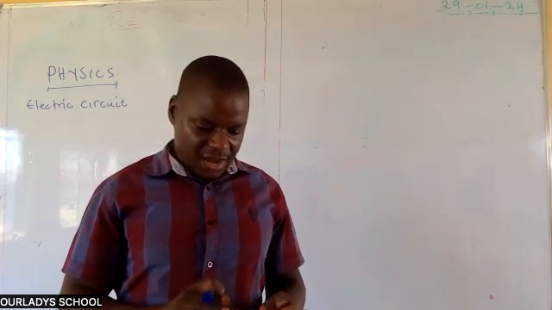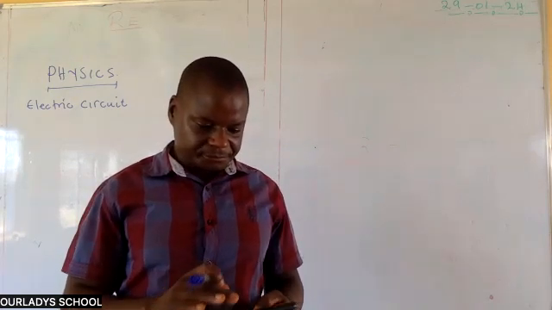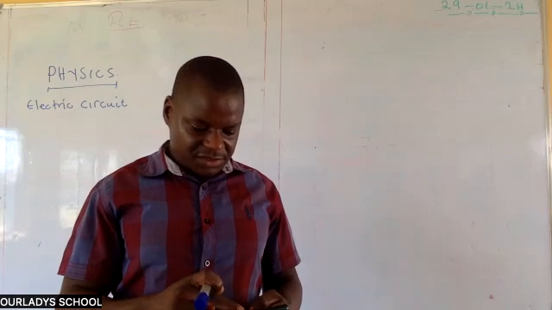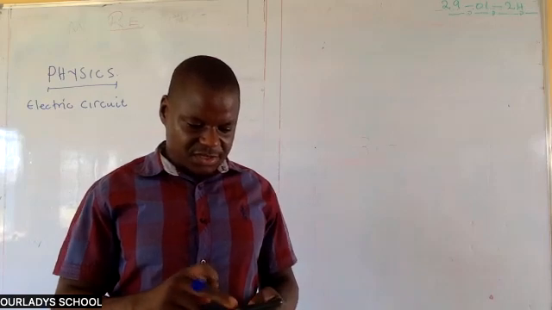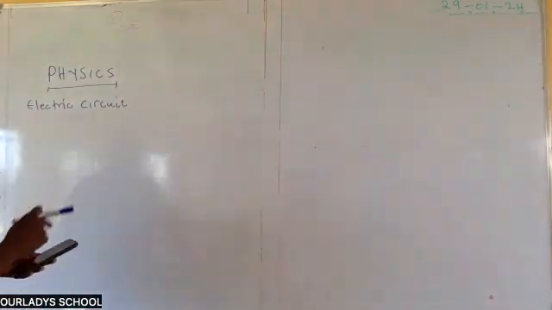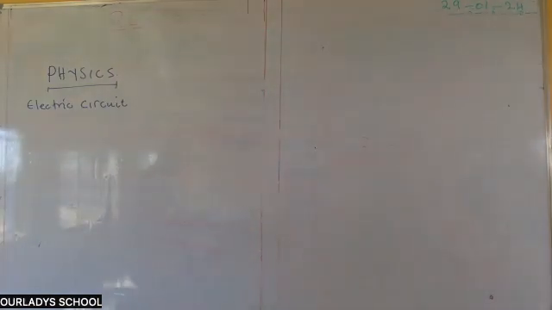So today I want us to look at this component of electricity, which deals with electric circuit. Under the electric circuit, there are few aspects that we need to understand: what they are, how we can measure them, and things like that.